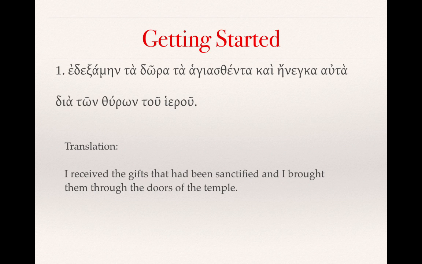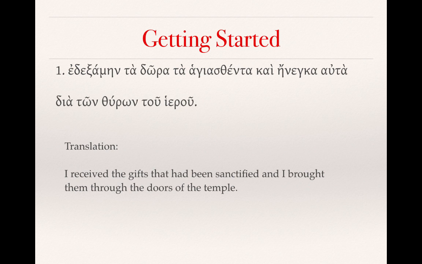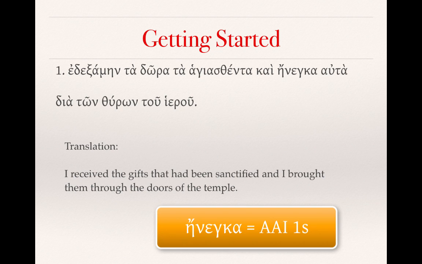You'll see that we would parse edexamen as aorist deponent indicative, first singular from dechomai. Remember, dechomai is one of these verbs that has a middle passive ending, but has an active meaning, I receive. And then enenka is our other finite verb that we would parse as aorist active indicative, first singular from phero.